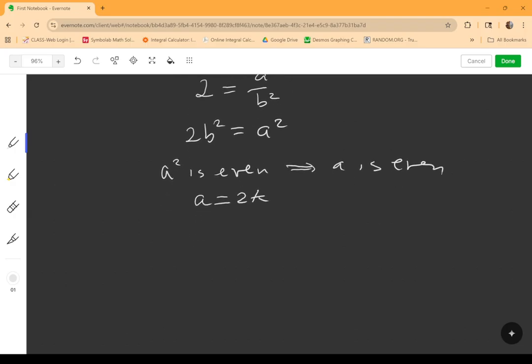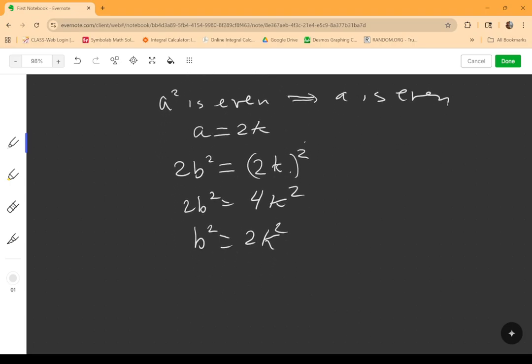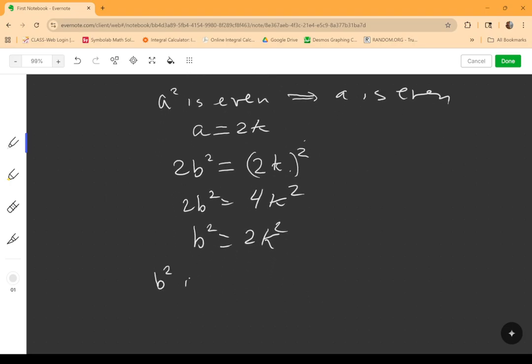So if I do that, 2b squared is equal to (2k) squared, which is 4k squared. So that means that b squared is equal to 2k squared. And in general, I have that b squared is even, which means that b is even. But this cannot be possible.